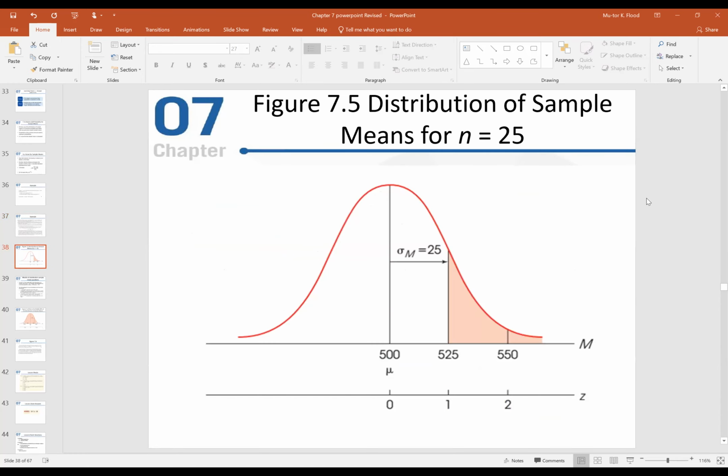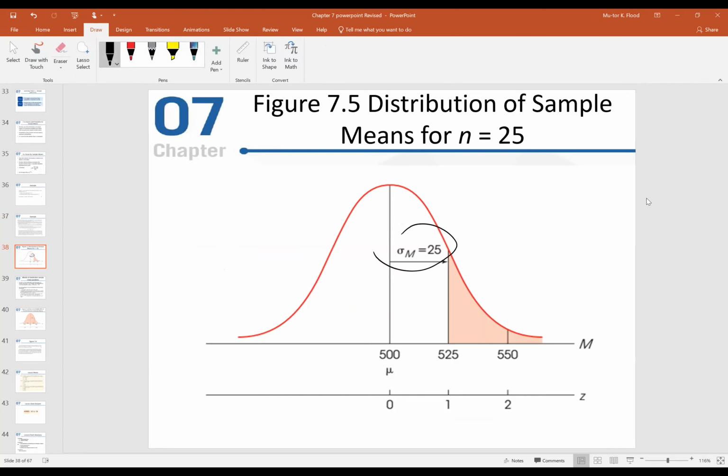So here is that question shown graphically. Here's the distribution. Here's the standard error. And here is the shaded part that we were looking for, which means it's a tail. Here is the z-score.